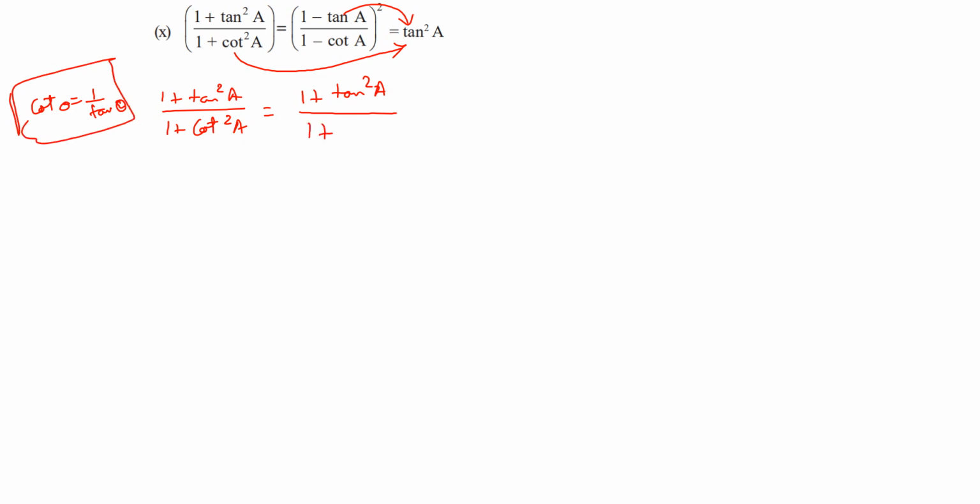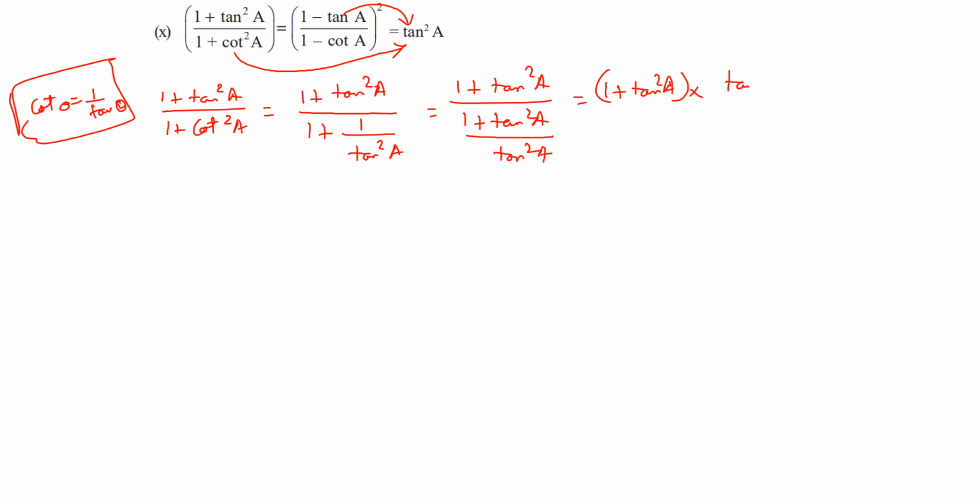So 1 plus 1 by tan square A. Now I am taking LCM for the denominator. 1 plus tan square A, again 1 plus tan square A whole divided by tan square A. I am reciprocating the denominator. 1 plus tan square A into tan square A divided by 1 plus tan square A. These two will get cancelled and the final result will be tan square A, which is our proof.